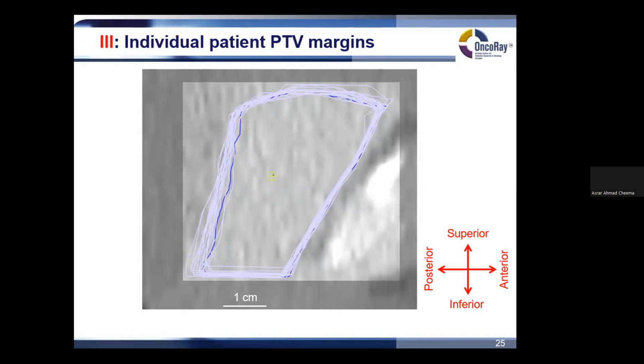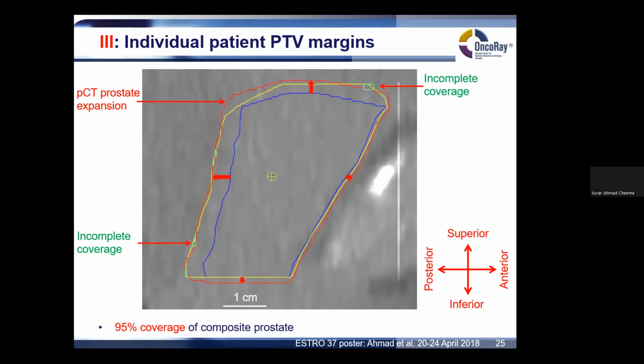And the planning target volume was drawn by enveloping all these control CT prostates. This is shown here in yellow by the 95%. If we cover the 95% of control CT prostate contours by this yellow contour, we get a PTV margin. This is the composite prostate coverage PTV method, where 95% of the composite prostate is covered.